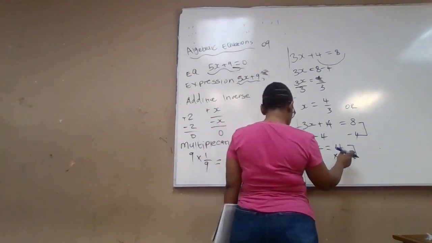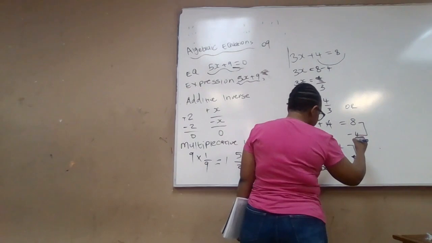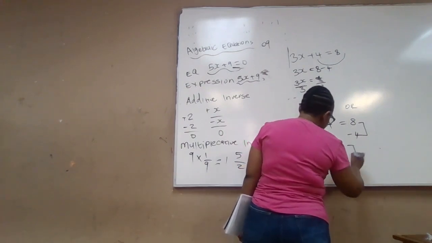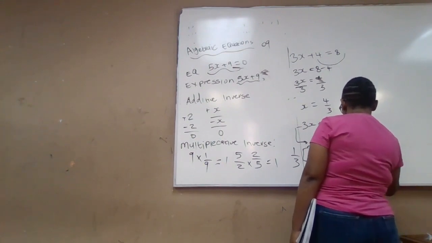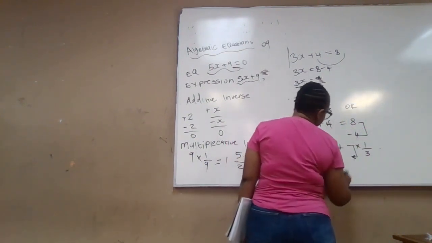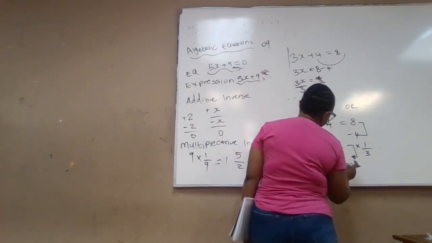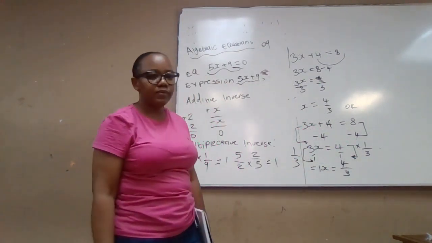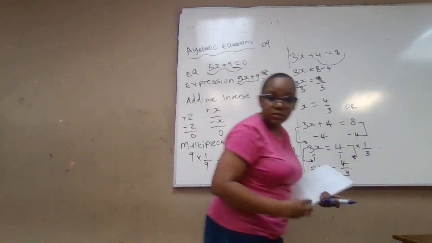So 4 times 1 over 3: 4 times 1 is 4, 1 times 3 is 3. So you have 4 over 3. X equals 4 over 3. All right.